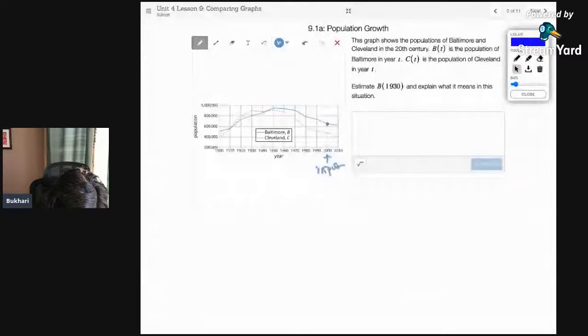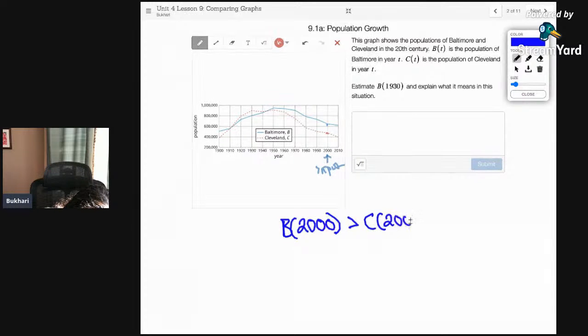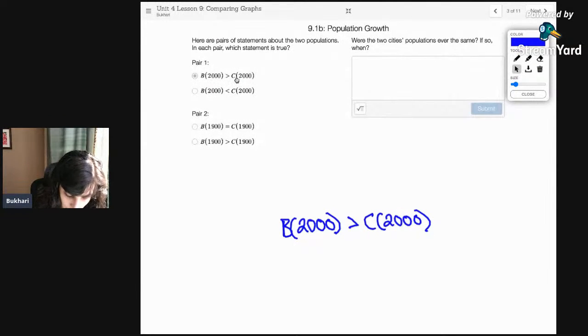On the other hand, Cleveland has a population of a little more than 400,000. So in this scenario, the population of Baltimore in the year 2000 is greater than the population in Cleveland in the year 2000, and I know that this statement is correct.